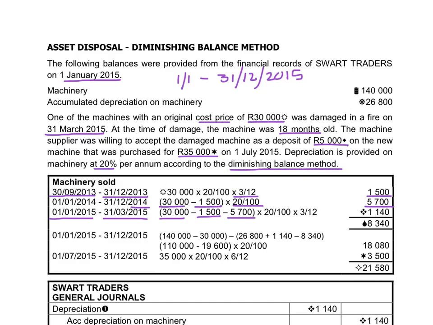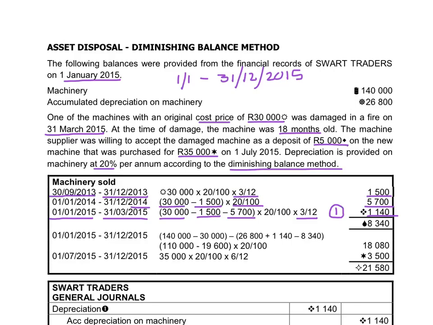In 2015, we only used it for 3 months, so we will calculate depreciation for 3 months on the reduced amount, and that will give us 1,140.